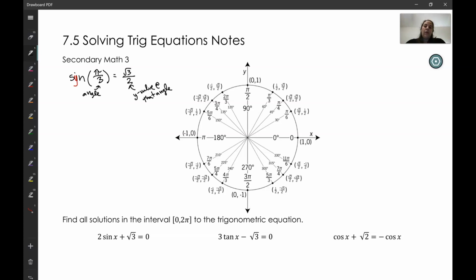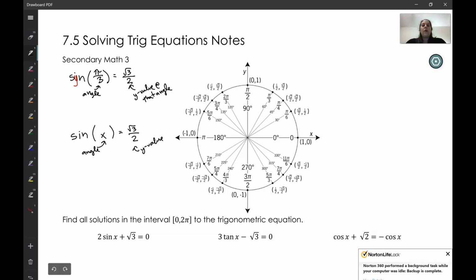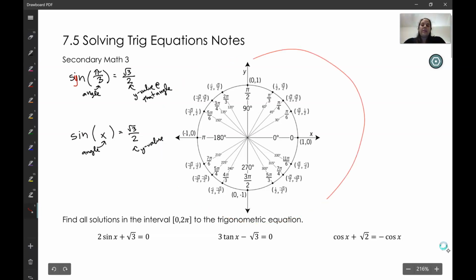Well, today we're going to switch things around a little bit. And we're going to instead look at problems like this. But this is still the same thing, where this is your angle, and this is the y value at that angle. So we're kind of going to go backwards this time, where you're going to look at this unit circle and say, where is this the y value?